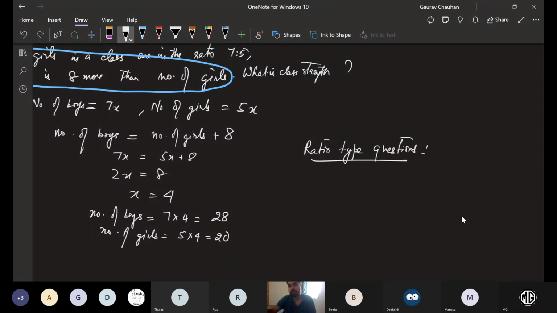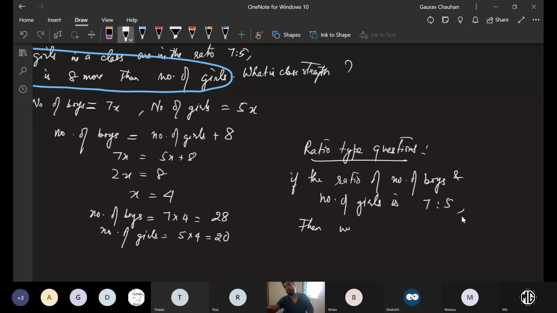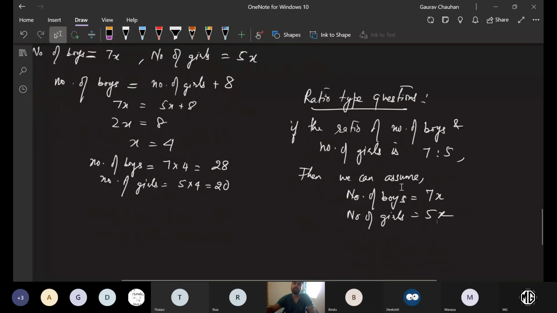If the ratio of number of boys and number of girls is 7:5, then we can assume number of boys is equal to 7x and number of girls is equal to 5x. Other things we don't need to write now, just write this much.